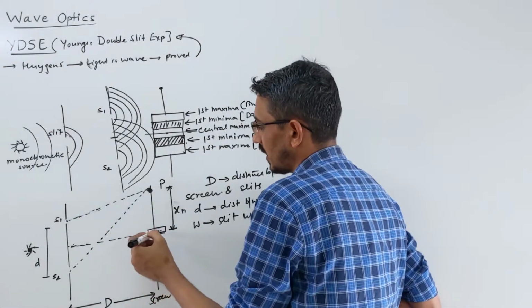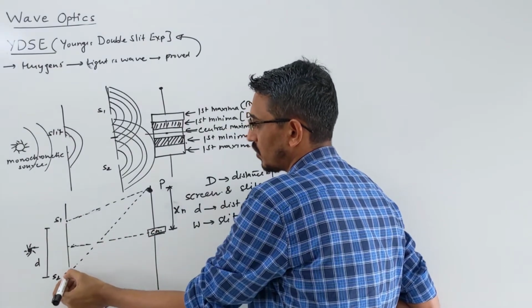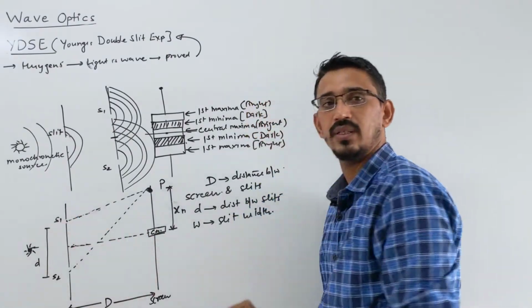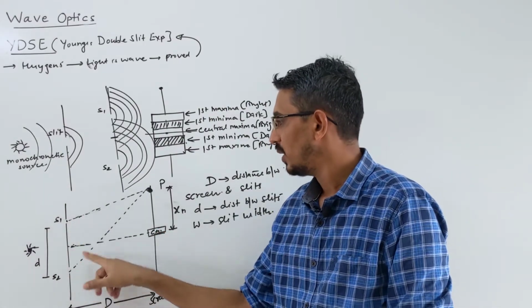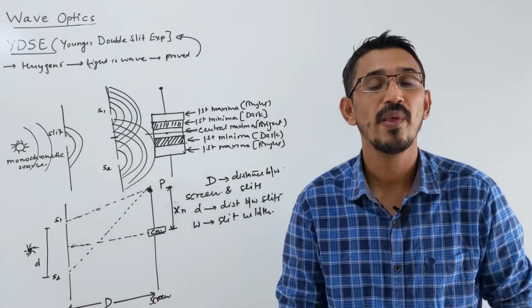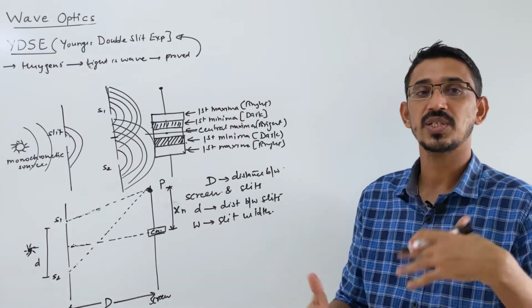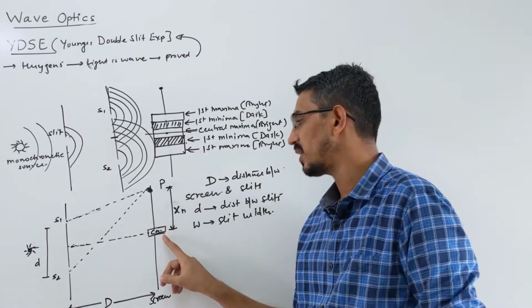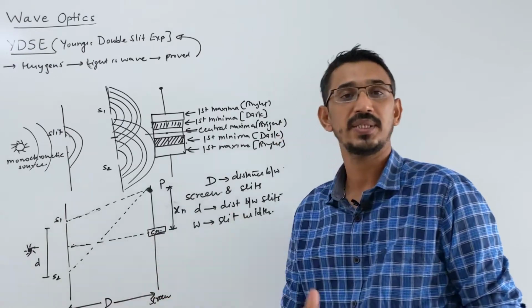Look here, the distance from source S1 and the distance from source S2 are exactly the same. The central point is exactly in the middle of these two, so the distance from here and here is the same, so your path difference is 0. When the path difference is 0, maxima happens, constructive interference happens. So this central fringe is always bright, because of equal distance, no path difference at all.